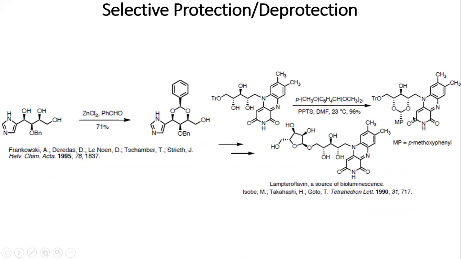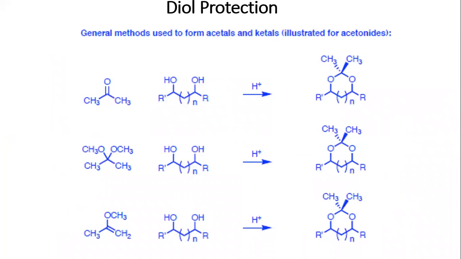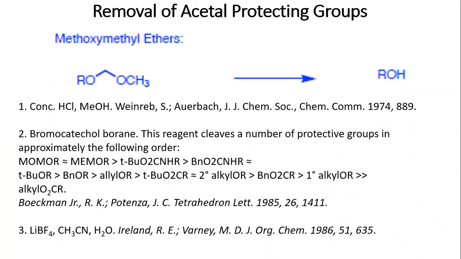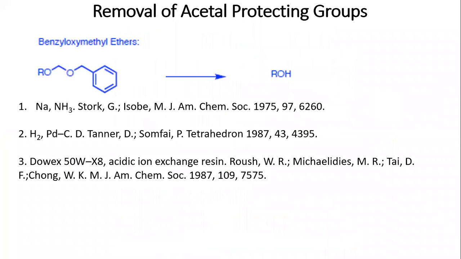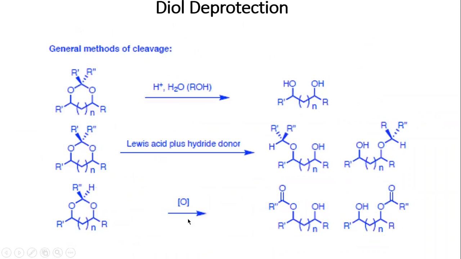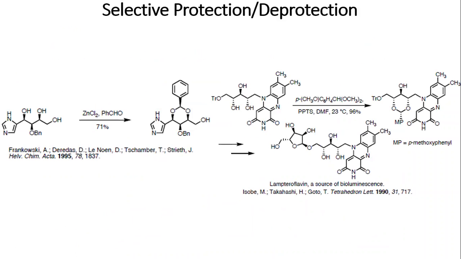So to protect that 1,3 diol, you use the methoxy... Let me go back, make sure I call it the right thing. I don't want to not call it the proper name here. The methoxybenzylidene acetal. So that's what that 4MP right here is. So this is a methoxybenzylidene.